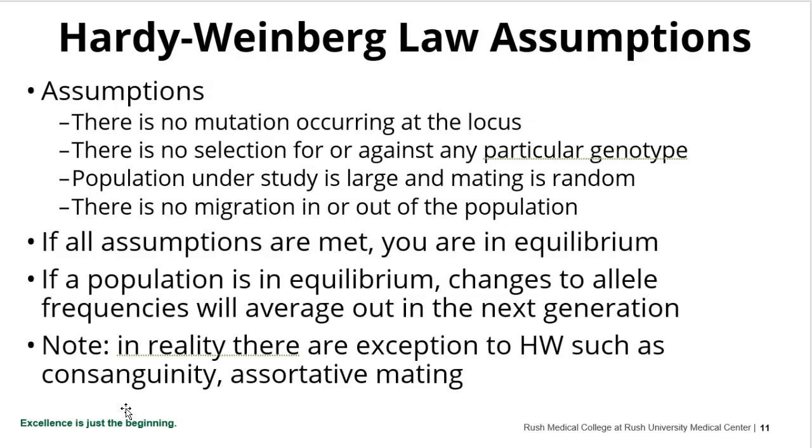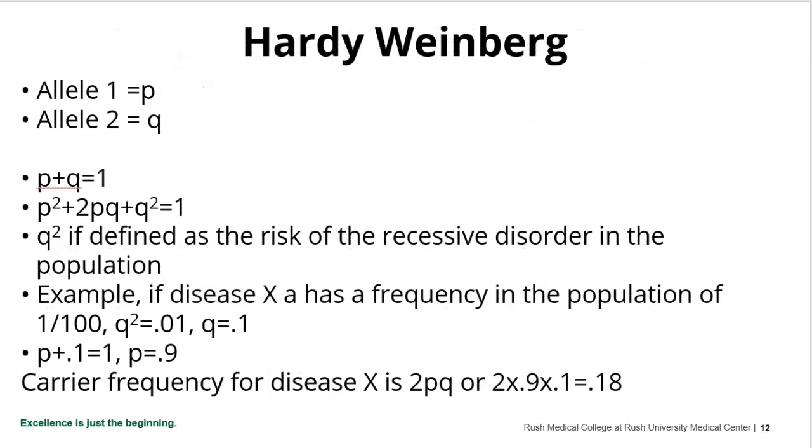If all of these assumptions are met, you're at equilibrium. If the population is at equilibrium, changes to the allele frequency will average out in the next generation. Again, in reality, this doesn't really happen because of consanguinity, assortative mating, and a lot of other things. But this is what we use for assumptions when doing the calculation.